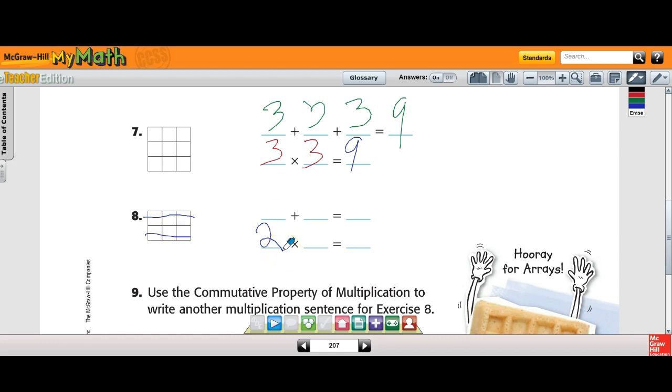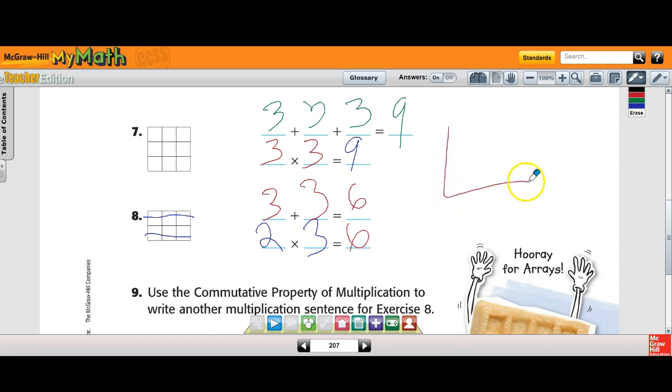Why 3? There's 3 in each row, correct? Which is 6. And then what would be my addition sentence? 3 plus 3 equals 6.